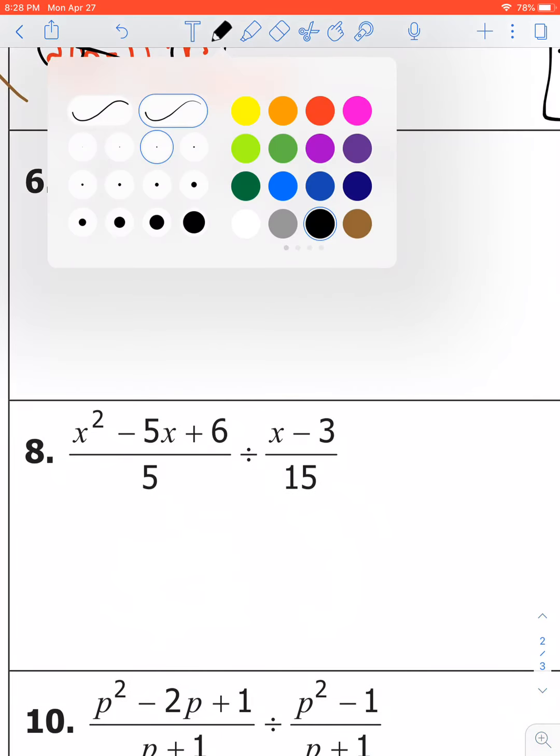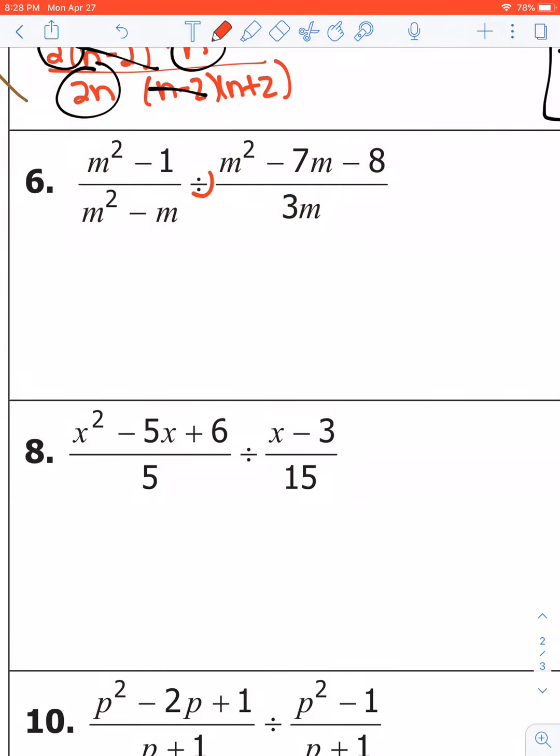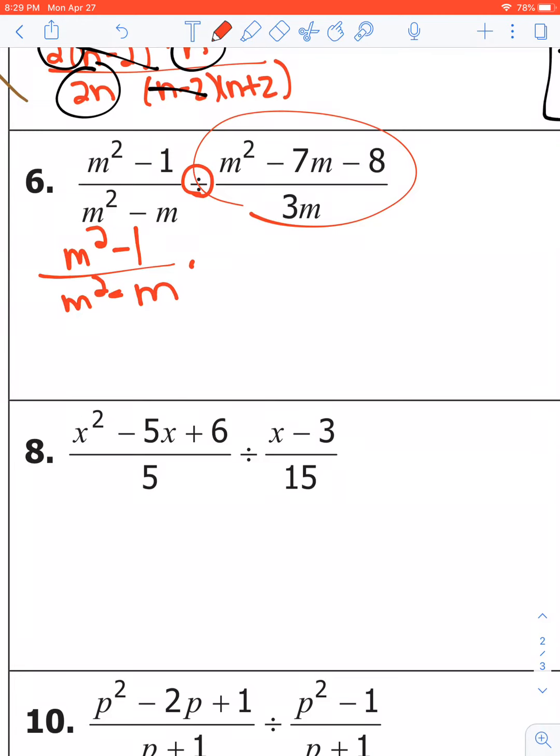Problem 6. Again, I would notice that I have a division problem. So I'm going to keep the first fraction the same. And I'm going to flip the second fraction. And now we factor.